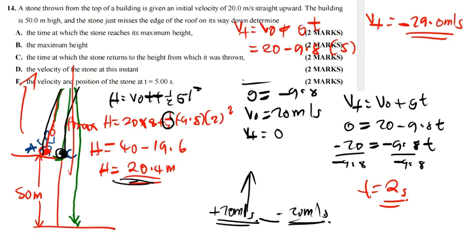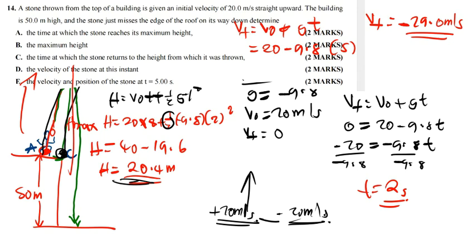We have found that the velocity is negative 29.0 meters per second. Exactly. So when the velocity is negative, when you're talking about the motion in the y direction under free fall, then that object was coming down.